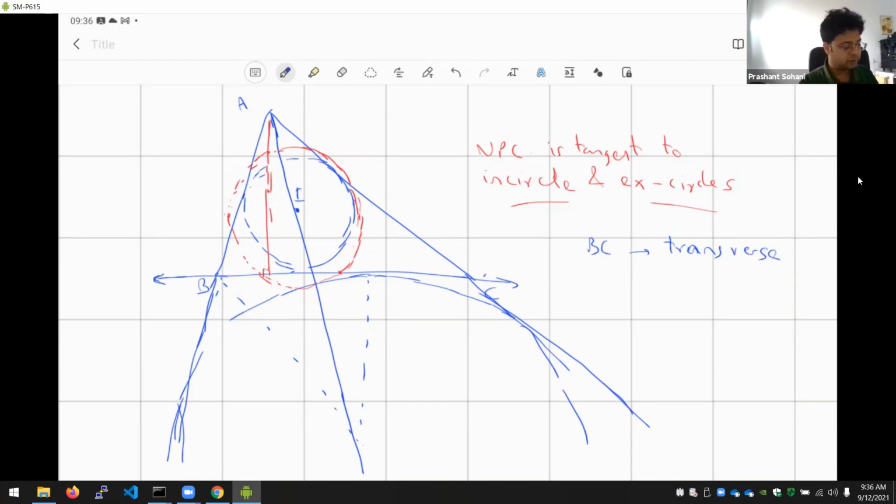And that will obviously pass through the point where the angle bisector meets the base BC, correct? So that other transverse common tangent will look something like this.